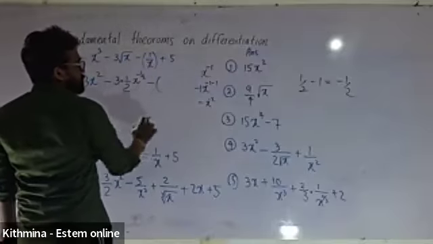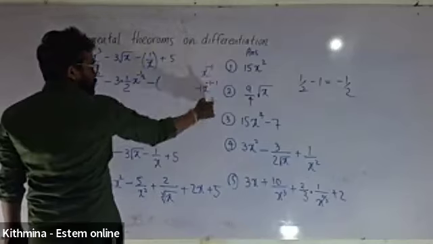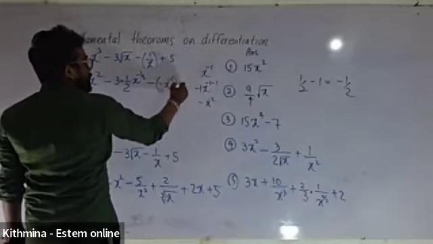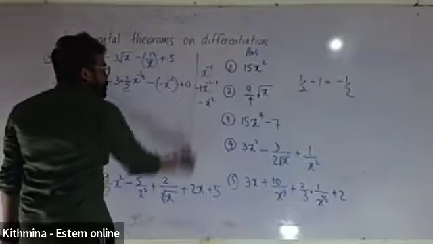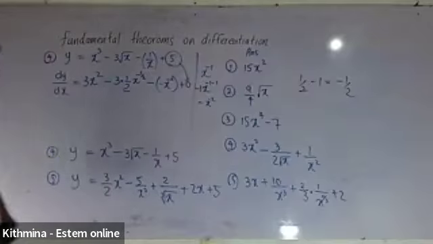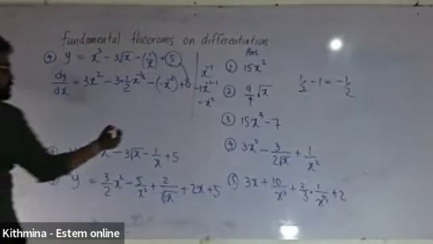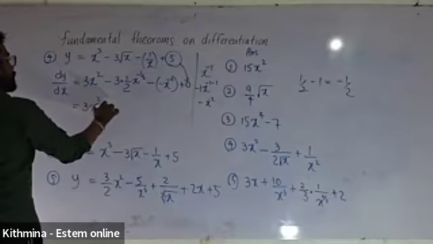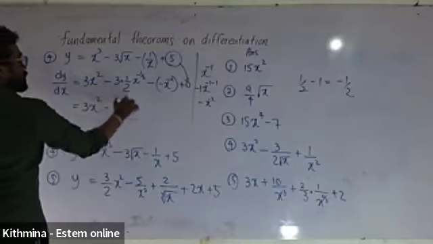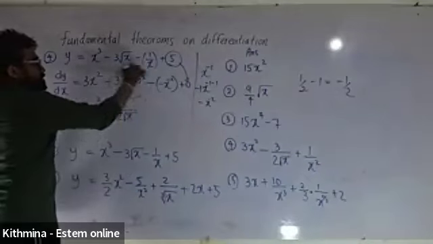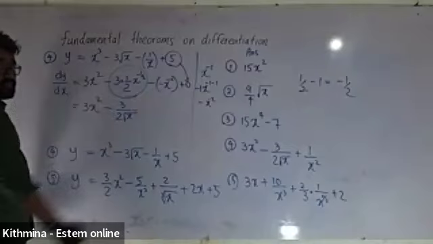For this 1 over x, we put minus x to the power minus 2. And the differentiation of a constant is 0. Sunil, is it okay to write this as this?